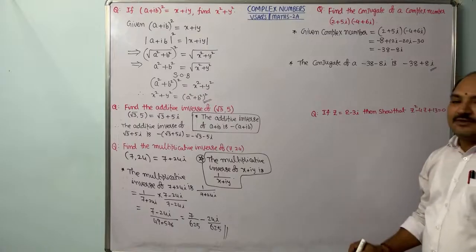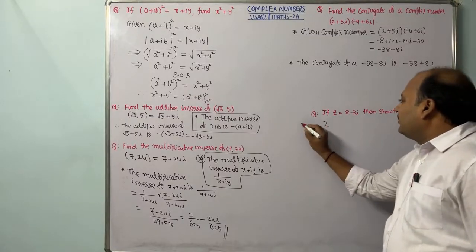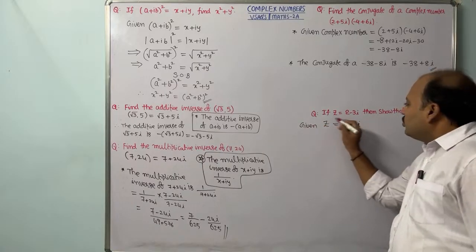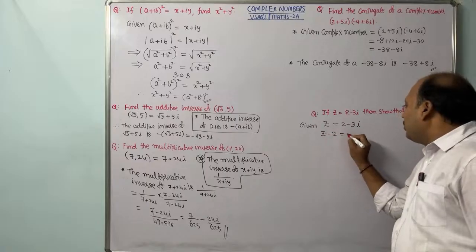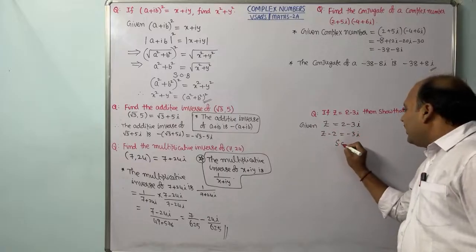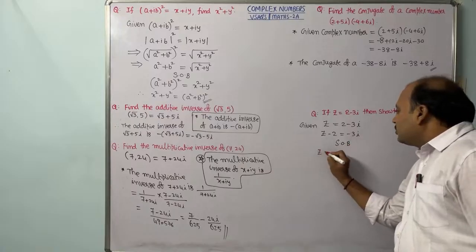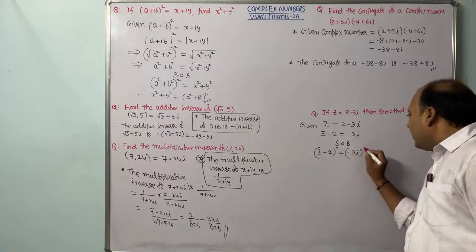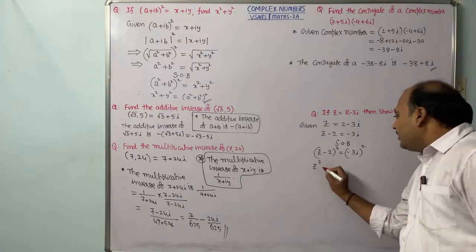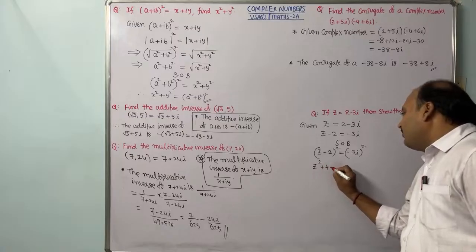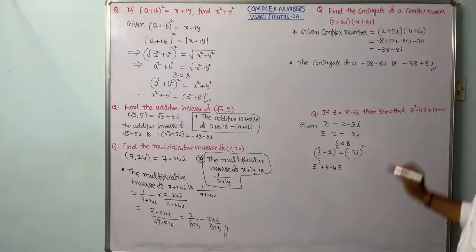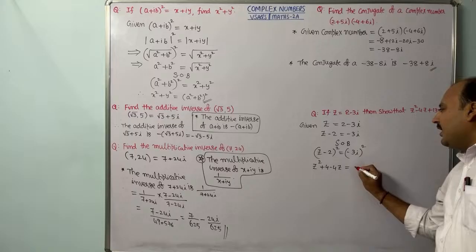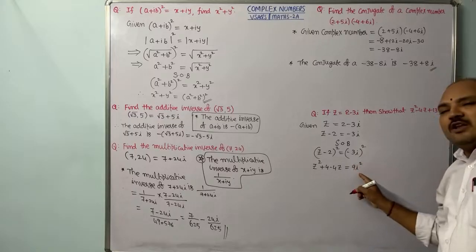Next, come to this question. If z is equal to 2 minus 3i, bringing this side, z minus 2 equals minus 3i, squaring on both sides. So (z minus 2) whole square is equal to (minus 3i) whole square. So z square plus 4 minus 4z is equal to 9i square. So what is the i square value, dear students?